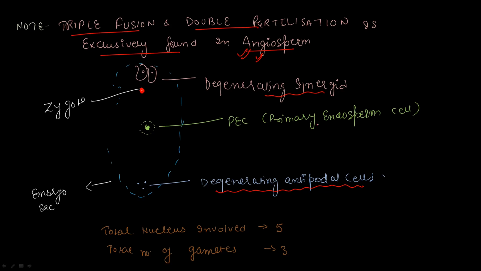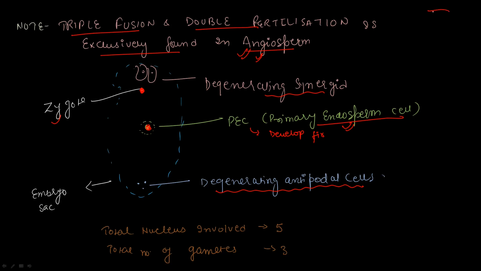Then you have the zygote and the primary endosperm cell. The primary endosperm cell is going to develop first, and after the endosperm is quite mature, your zygote is going to divide.